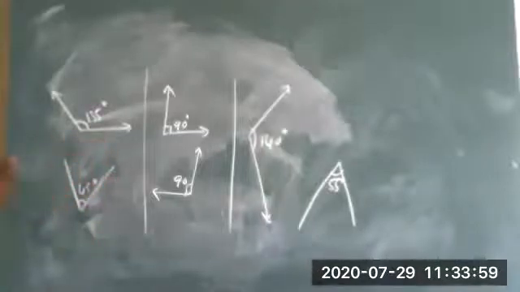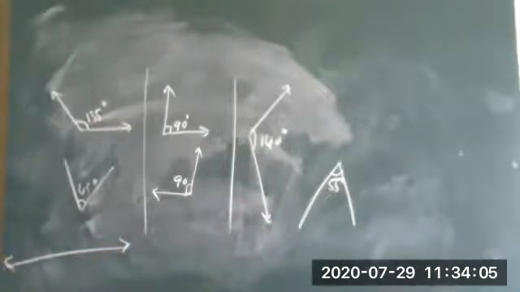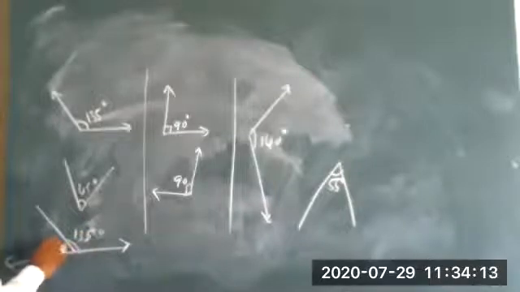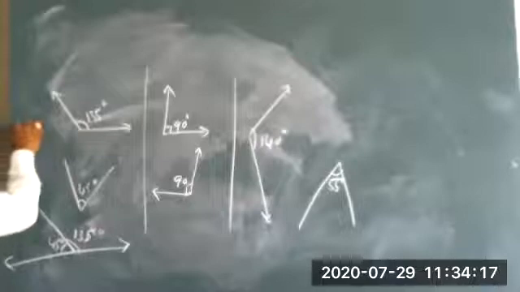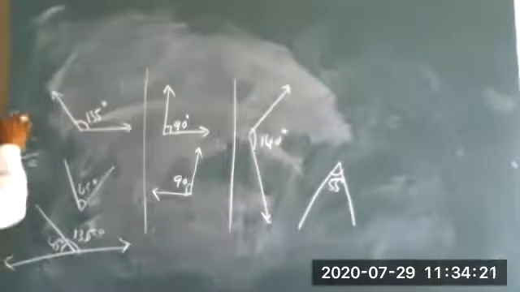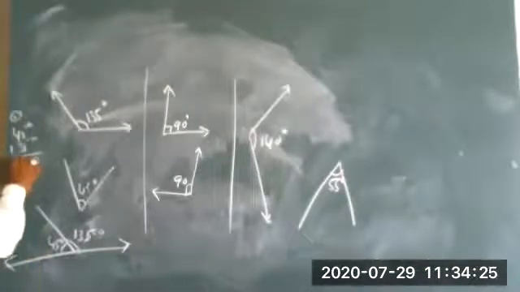Take the first one, 135 degrees, 45 degrees. Like this. This is 135 degrees, the remaining is 45 degrees. Now 45 plus 135: 5 plus 5, 10, 1 carry. 1 plus 4, 5. 5 plus 3, 8. 1.